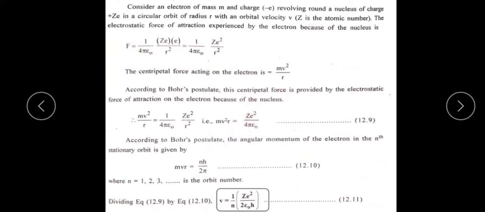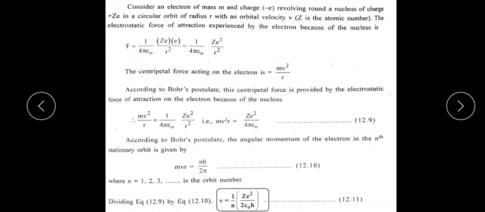Then the remaining terms Ze square are kept as it is here. Then 2 pi cancels and 4 pi becomes 2. Then epsilon naught is kept as it is. The remaining one is h. In nh, n we wrote outside, then the remaining h is here.